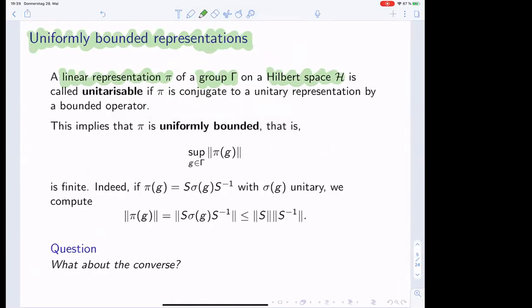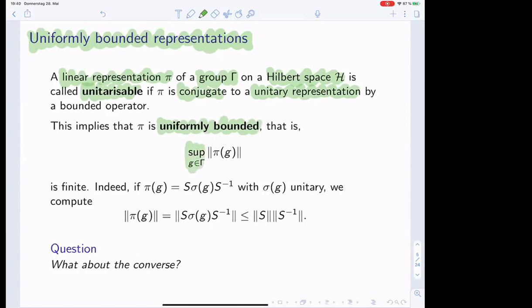But we will only study representations which are unitarizable, which means that the representation is conjugate to a unitary representation. So there's some bounded invertible operator that conjugates it to a unitary representation. So it inherits some properties from the unitary representation, and one of its properties is that it will be uniformly bounded, right?